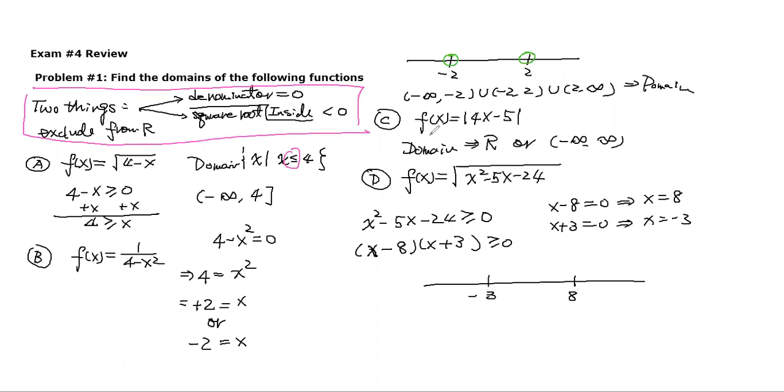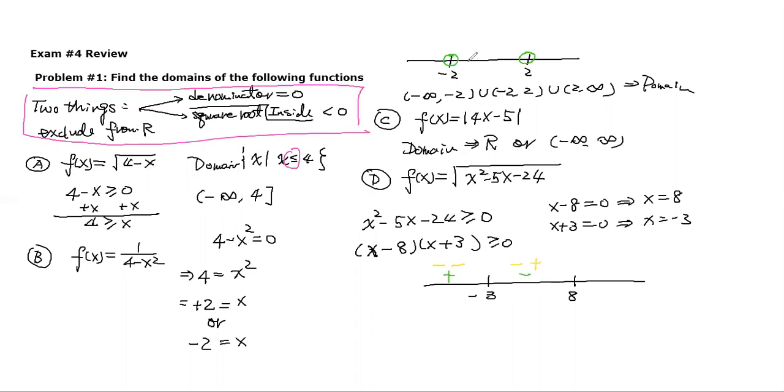So we said you choose any number and decide if it is positive or negative. If you choose anything less than negative 3, you have negative, negative. So it will give you what? Negative, negative, so the end result will be positive. Now, if you choose anything in between, let's say zero, you will get a negative times a positive, so the overall result is negative.